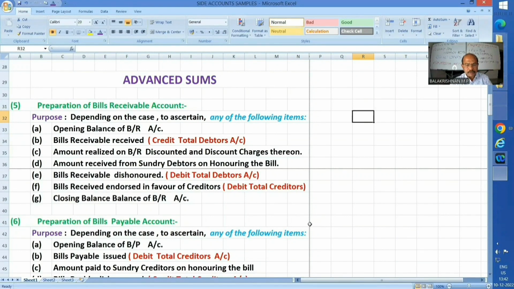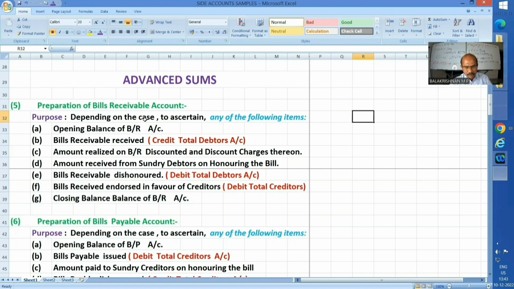In case you have to confront some advance sums, you may have to prepare the bills receivable account and bills payable account also. Bills receivable account is prepared in tandem with total debtors account, while bills payable account is prepared in tandem with total creditors account.